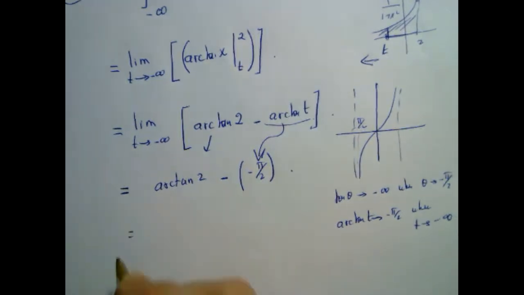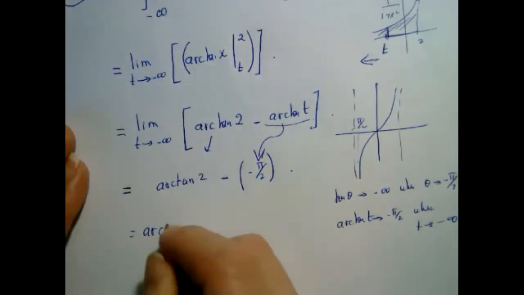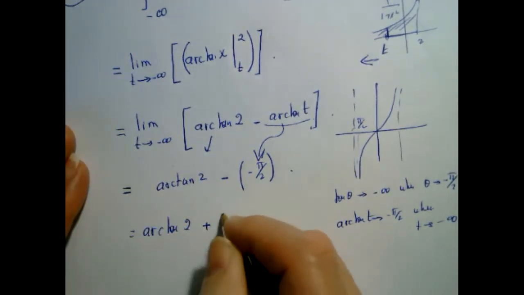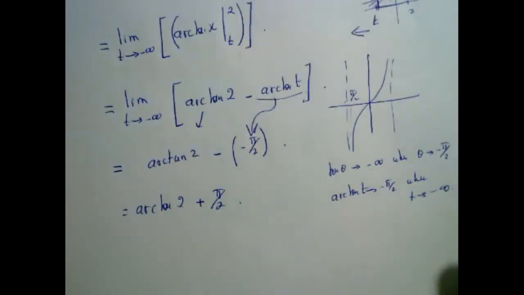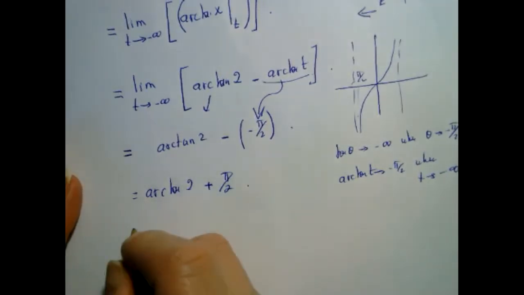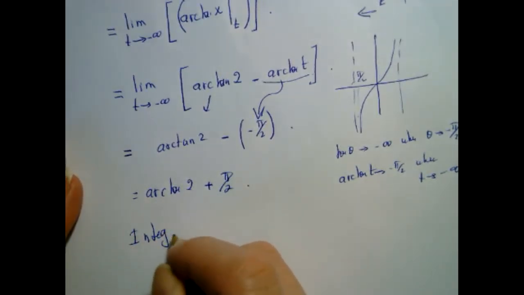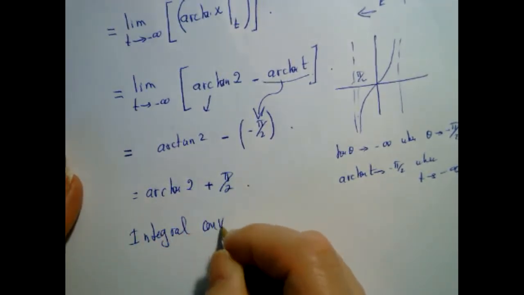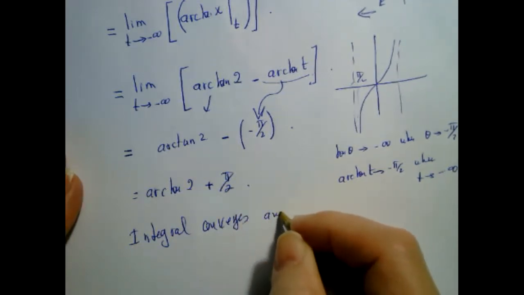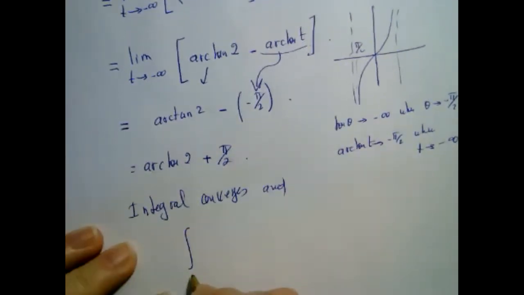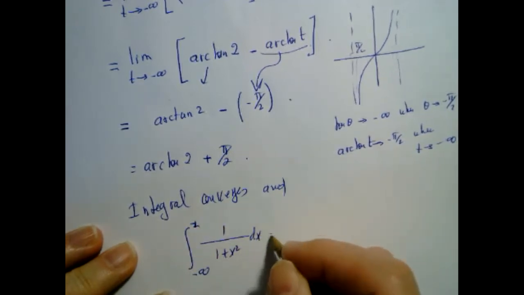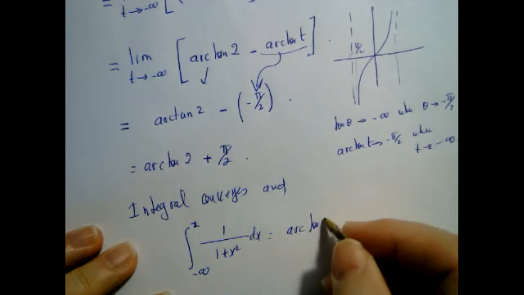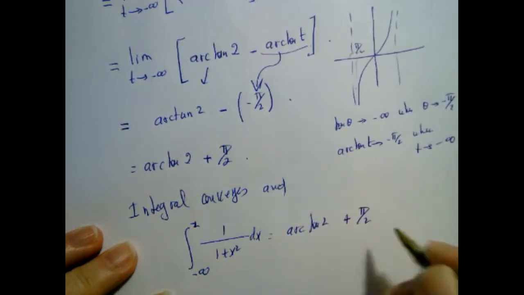So the value would be arctangent 2 plus pi over 2. Now this is a finite number, then it means that the integral converges. And the value of this integral, the definition of it, is arctangent 2 plus pi over 2.